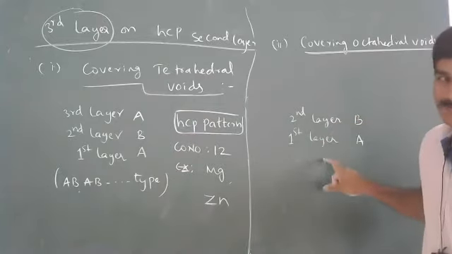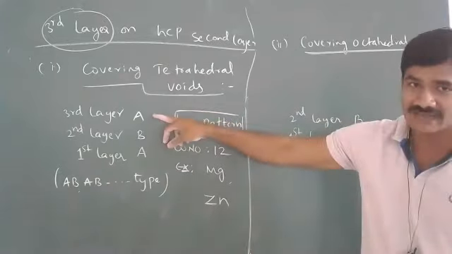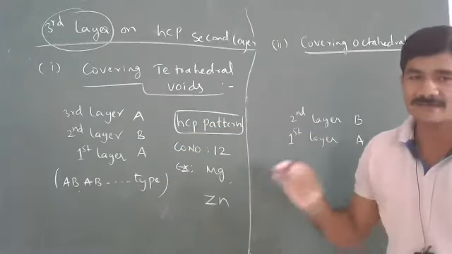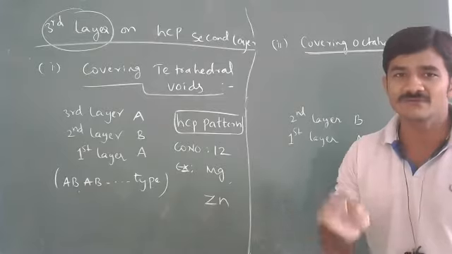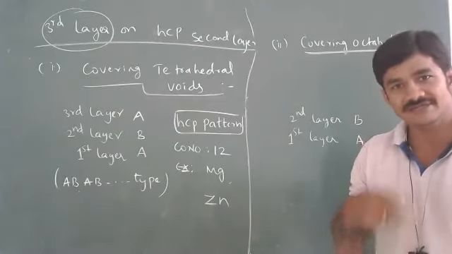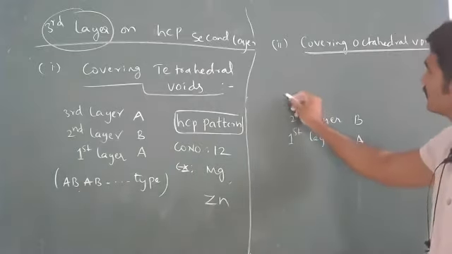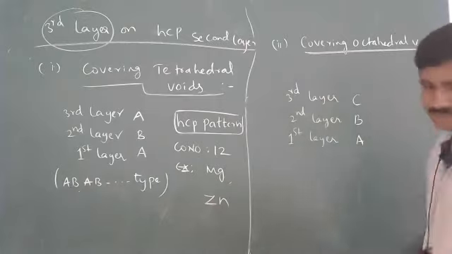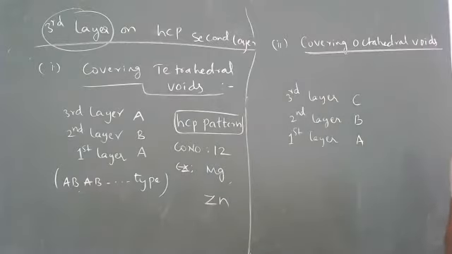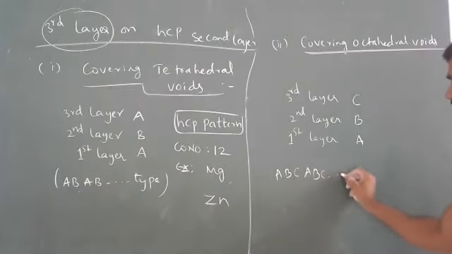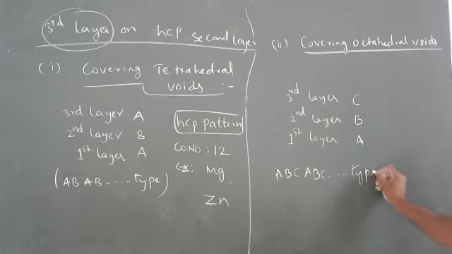But here the third layer must be different from the first 2 layers. So I write the third layer as C. Understood? So this is said to be ABC type of arrangement.